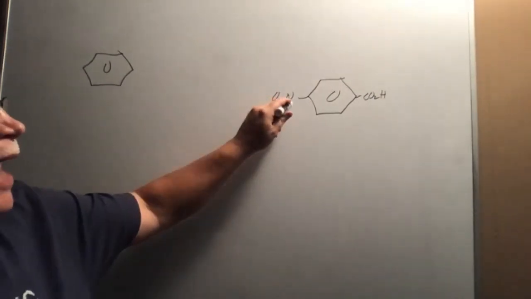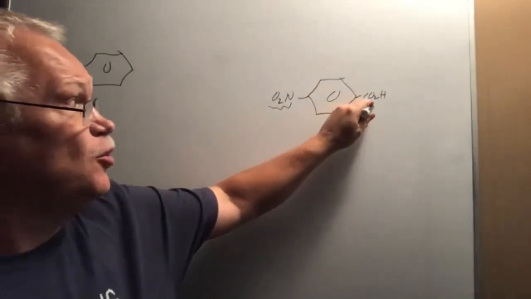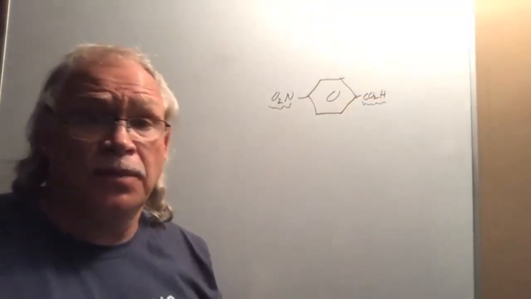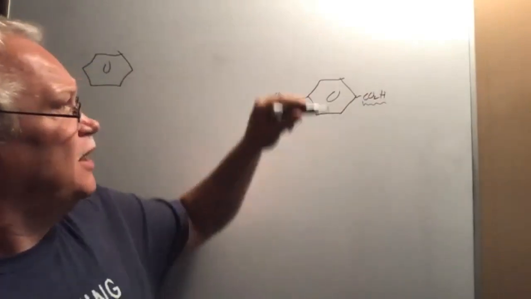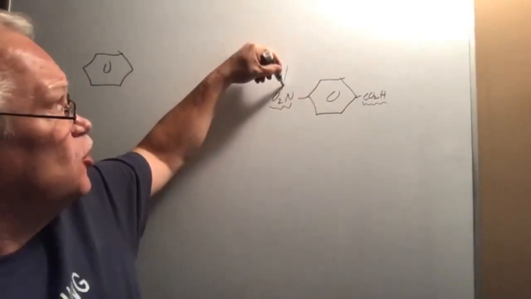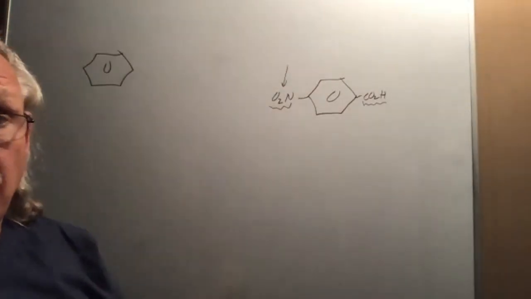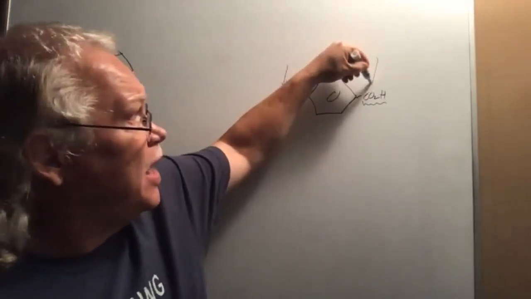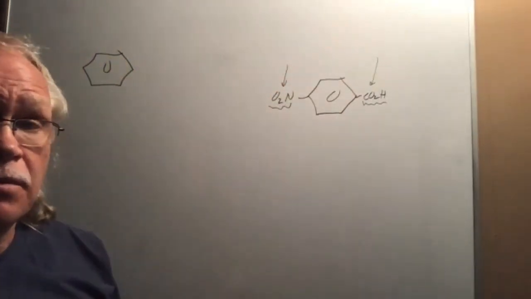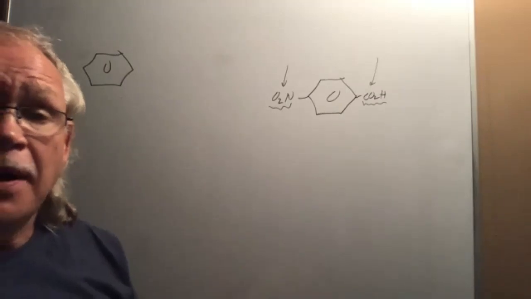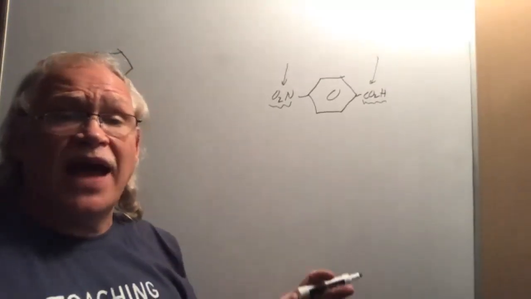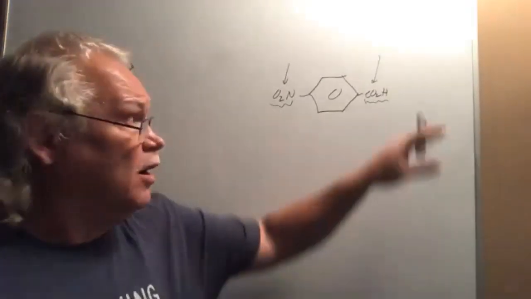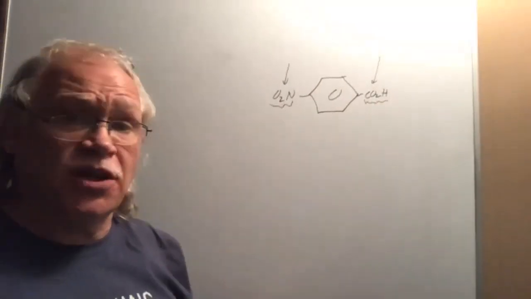Now, what do I need to do? I need to put the NO2 group on, and I need to put this group on. Fortunately, I do know how to put that group on. But do I know how to put this group on? No, but I do know that if I can put an alkyl group on, I can change it to that.